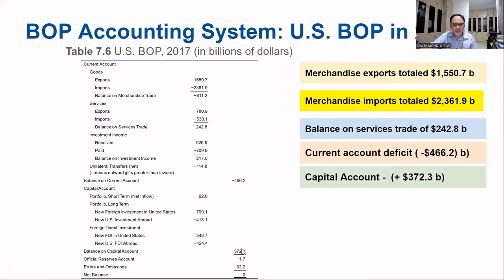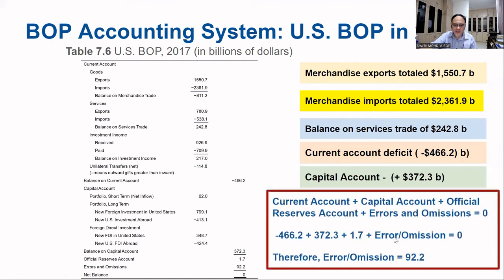Capital account gives us 372 billion plus net official reserve 1.7. So these are all recorded. Errors and omissions you need to actually calculate.